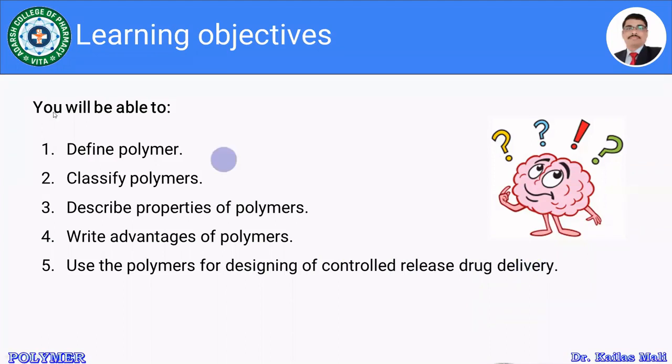So you will be able to define polymer: what is meant by the polymer, what is meant by the monomer. Then you will be able to classify the polymers, for example natural polymers and synthetic polymers. You will be able to describe properties of polymers.